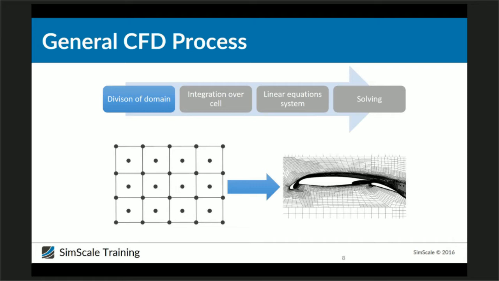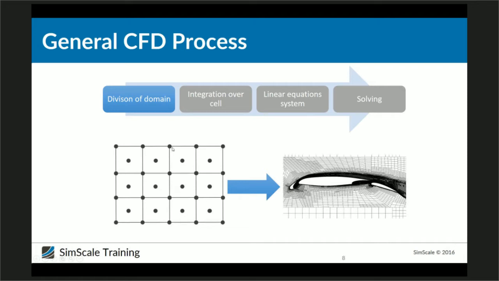And basically now we can really talk about the general process. The first step is that we divide our domain into a finite number of volumes. And this is basically the discretization of our domain. The only difference is that in FEA, we got values for every node of the elements.